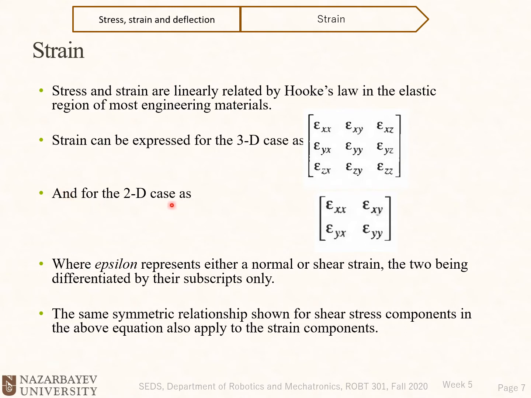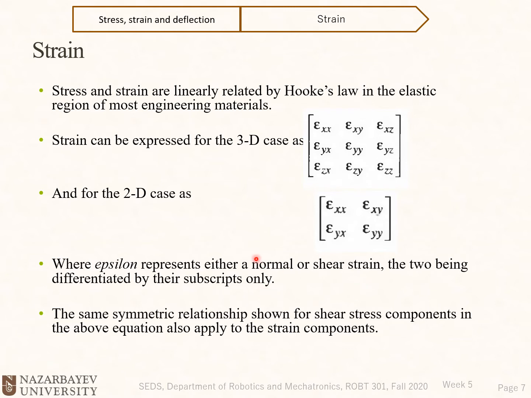For the 2D case, again, we could reduce this matrix to a 2 by 2 matrix. And we will see we only have epsilon xx, epsilon yy in diagonal arrays, and epsilon xy and epsilon yx in off-diagonal positions, where epsilon represents either a normal or shear strain, the two being differentiated by their subscripts only.